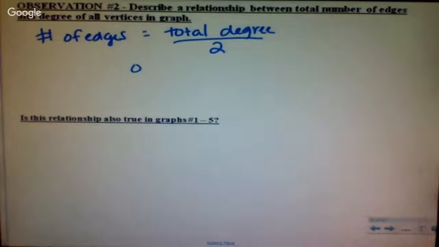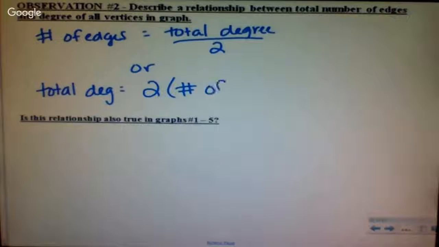Or I can write this the other way: your total degree equals 2 times your number of edges. Your total degree is twice your number of edges.